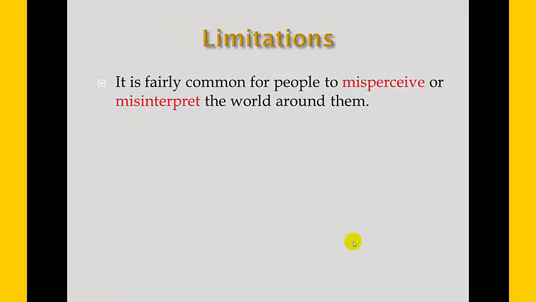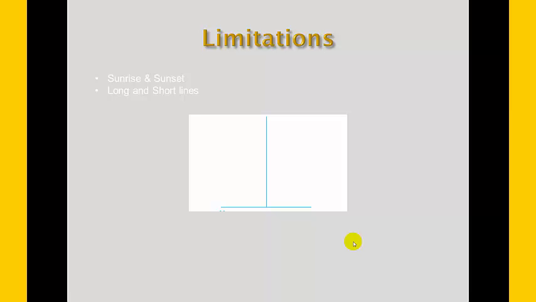One of the limitations of observation is that sometimes we misperceive or misinterpret what we see. Although we see it with our own eyes, sometimes we make mistakes.